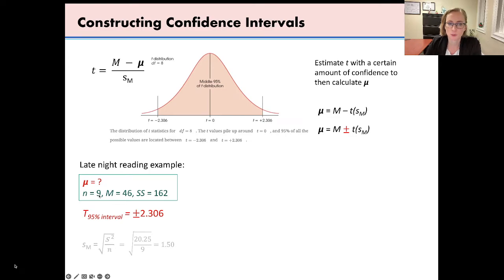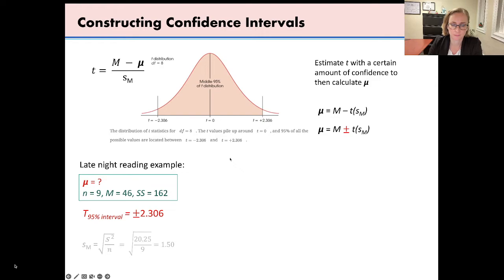Because it's 9 minus 1. You'd have to look it up in the column for two-tailed 0.05. That would correspond to 2.306 here.